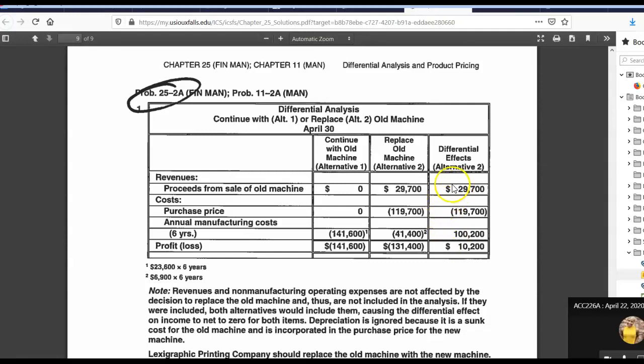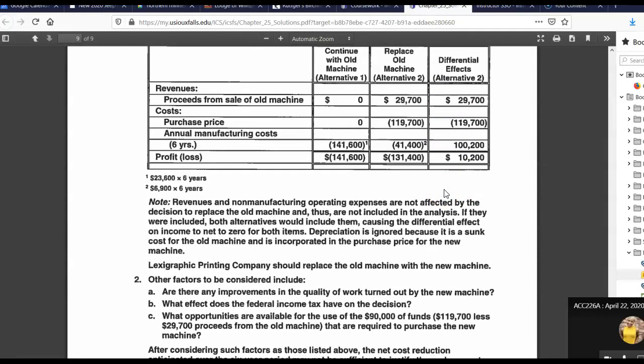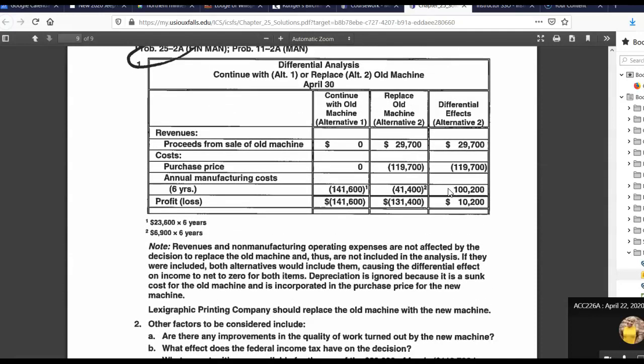Questions on problem 2A? You know, Apolloni, one thing I should mention with all of these problems, and it's a little unfortunate, is that when you do it in Cengage, they pretty much have a prescribed way for you to do it. They want you to put it into this format, and that's all fine.